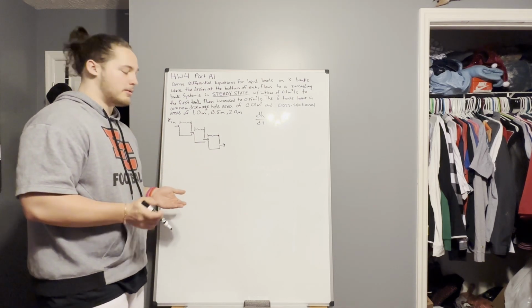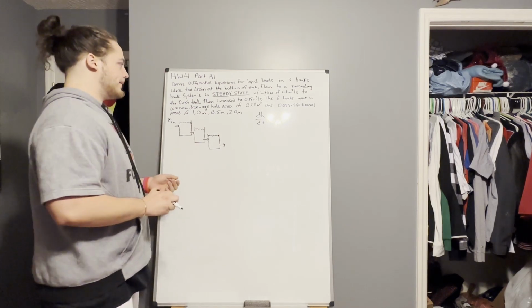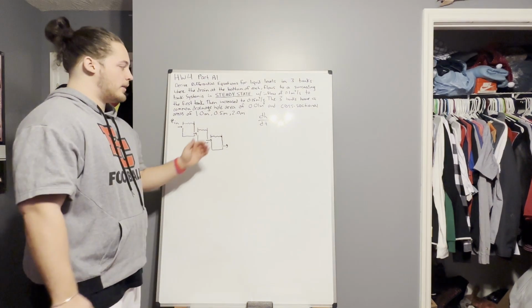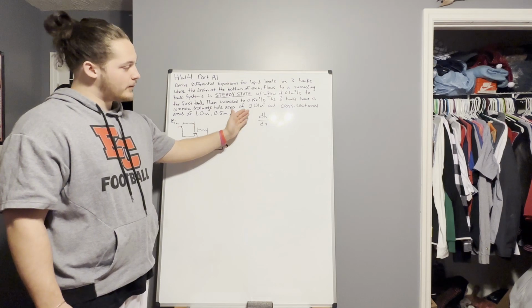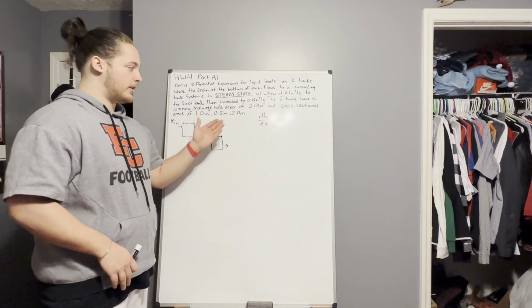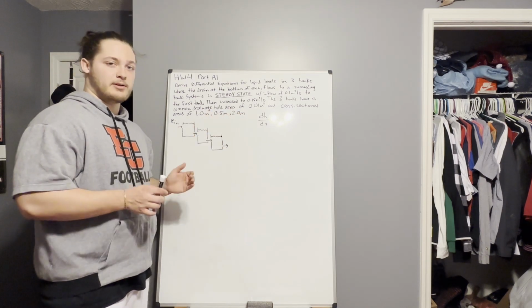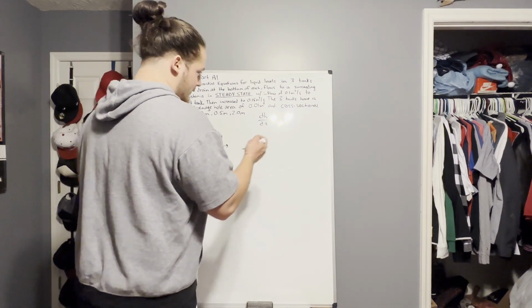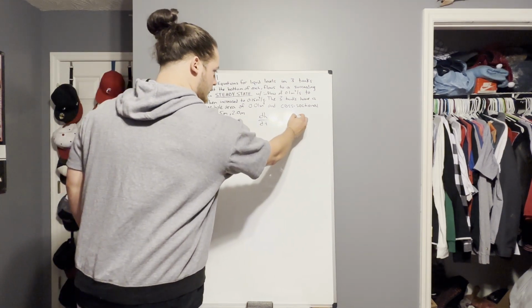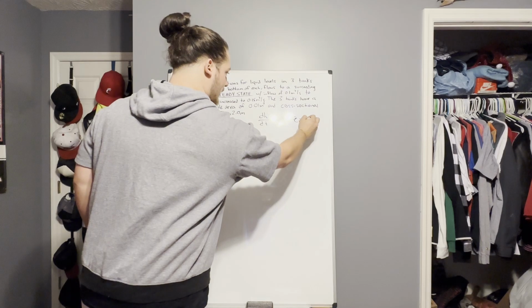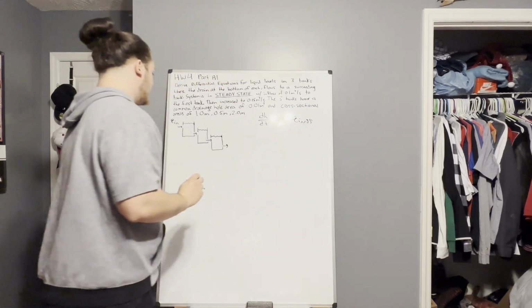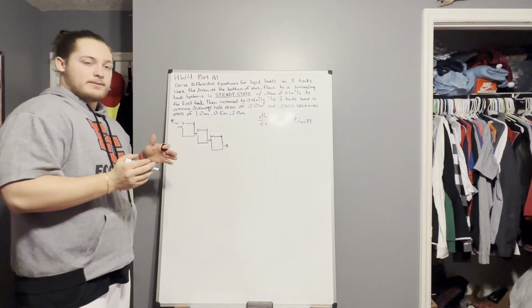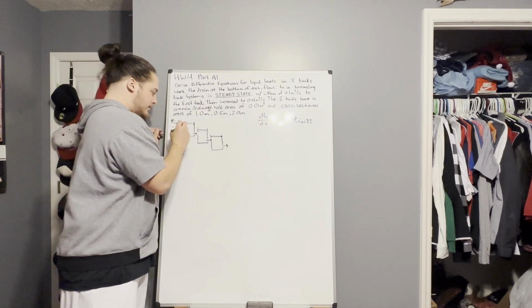deriving our differential equations, as we said before, our differential of height with respect to time is going to be 0. That will give us our Q in at a steady state. What we are solving for is the liquid levels in these 3 tanks.